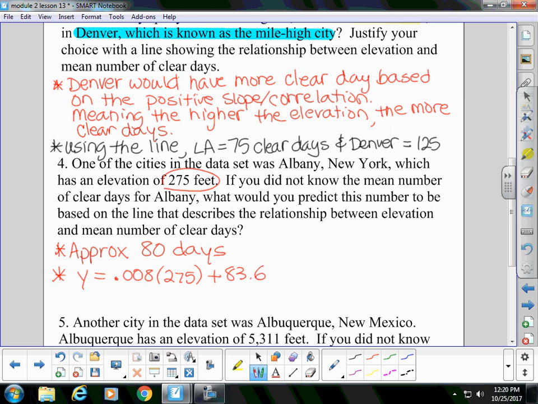I'll plug that into my calculator and see what I get. Let's see if I come out close to 80. 0.008 times 275 plus 83.6. And I got 85.8, so it is pretty close to what I guessed on my line. So about 86 days, really.